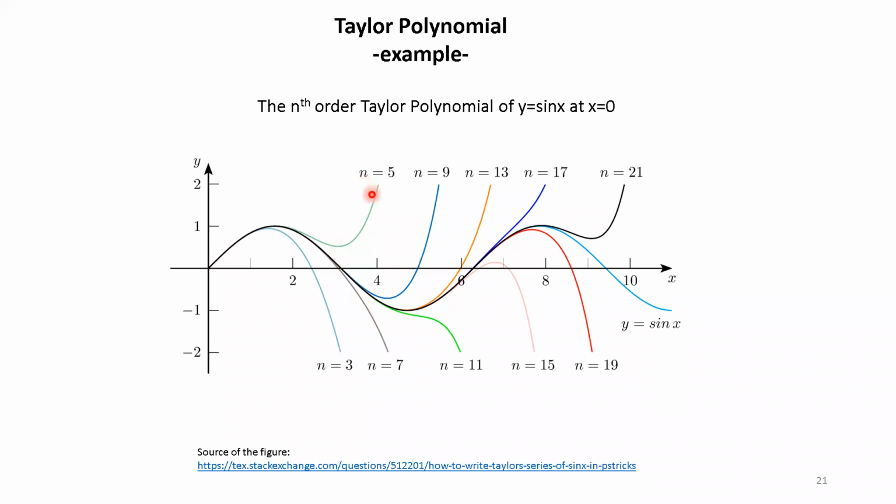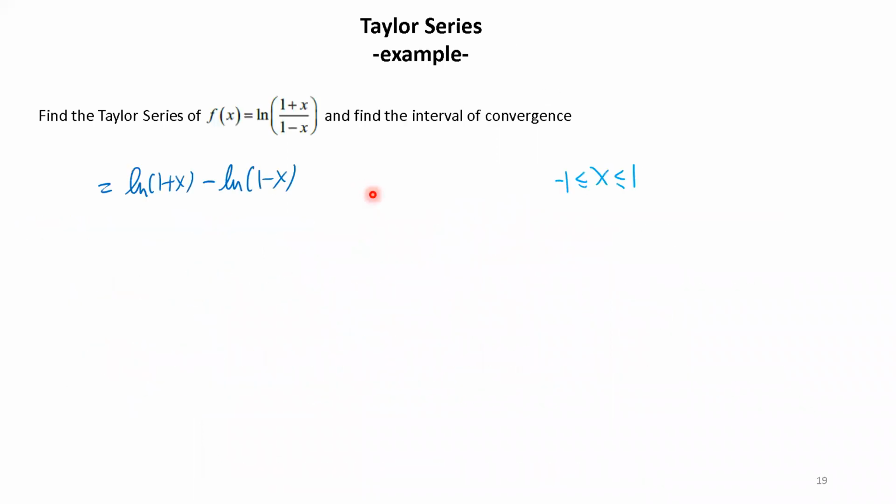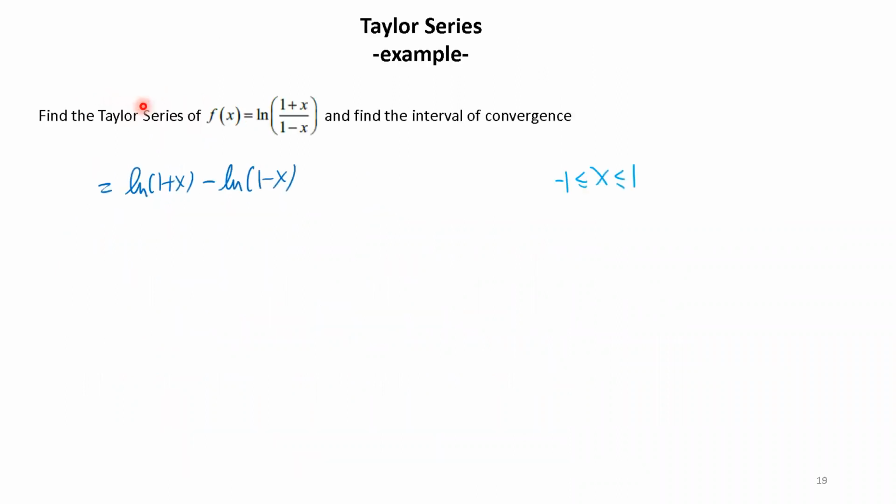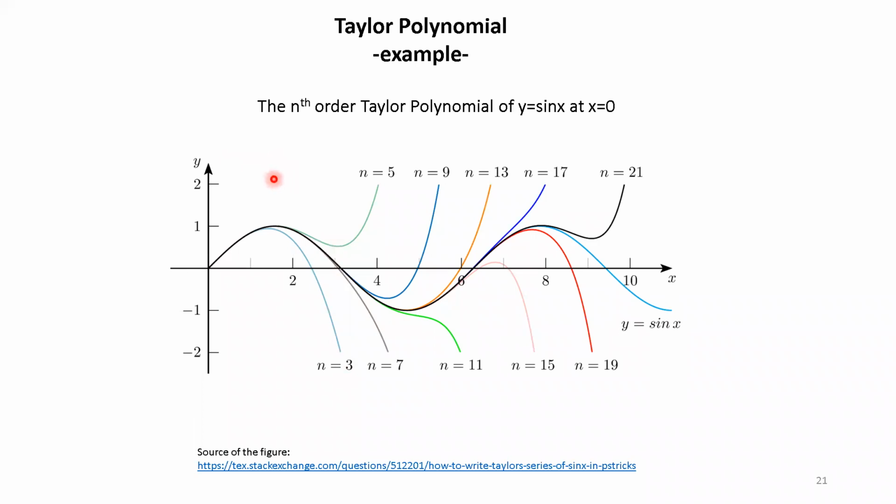You cannot do n equals 4 because I don't have an x to the fourth term for the Taylor polynomial of sine of x, so that's meaningless. So n equals 3, then you jump to n equals 5, then you get this curve over here, and then n equals 9, n equals 11. You can see that including more and more terms becomes closer and closer to the original function over a wider and wider range.